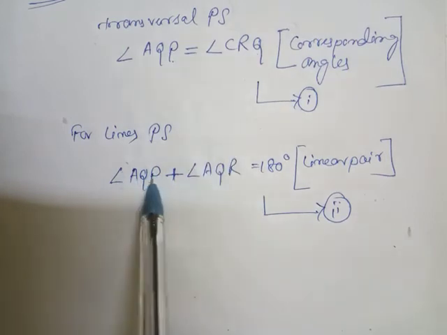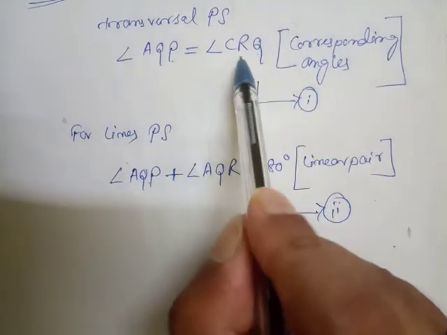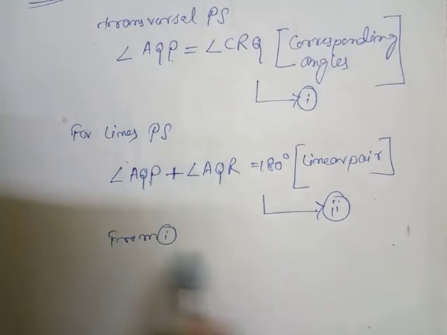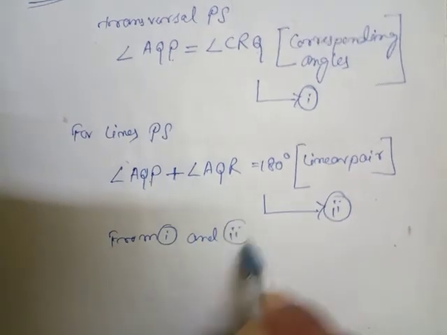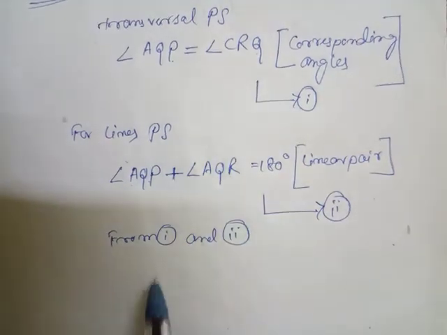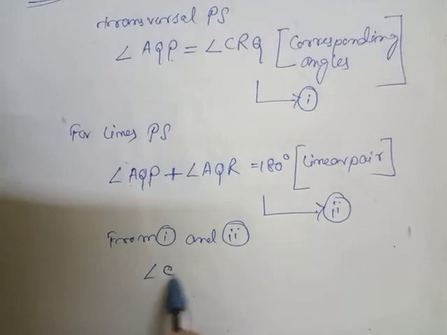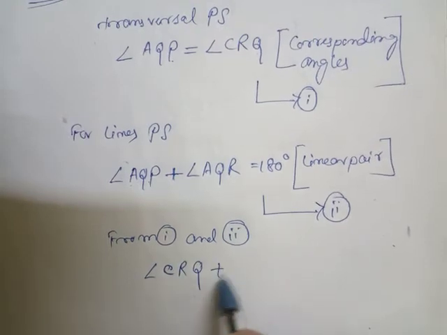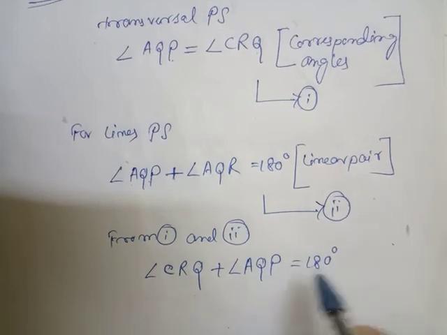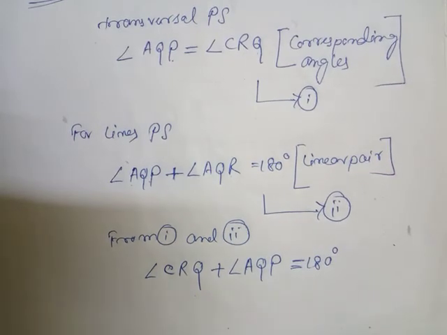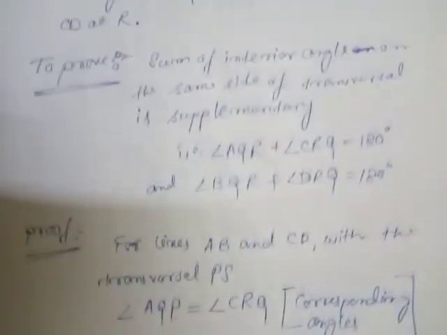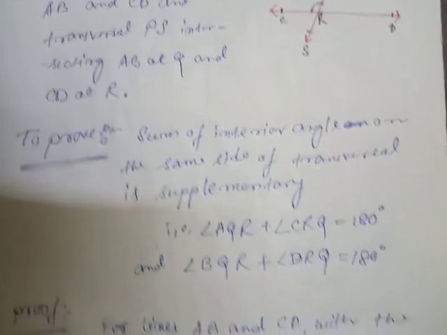So from 1 and 2, we can write: angle CRQ plus angle AQR equals 180 degrees. Now what is our first proof?